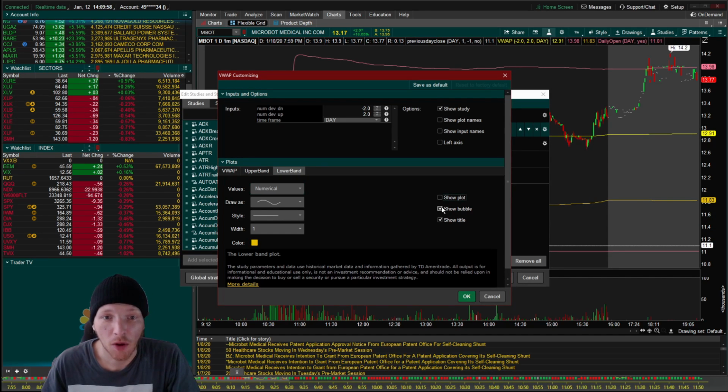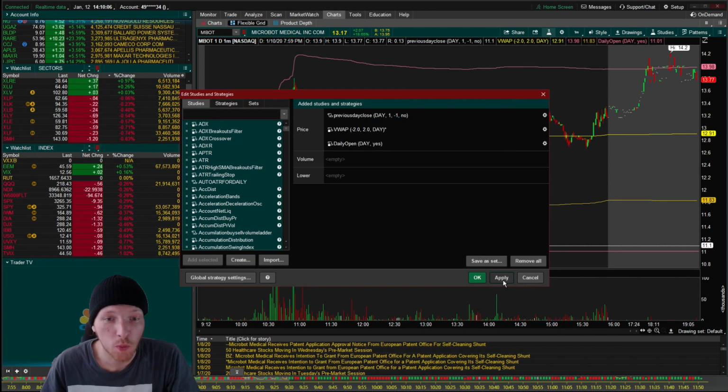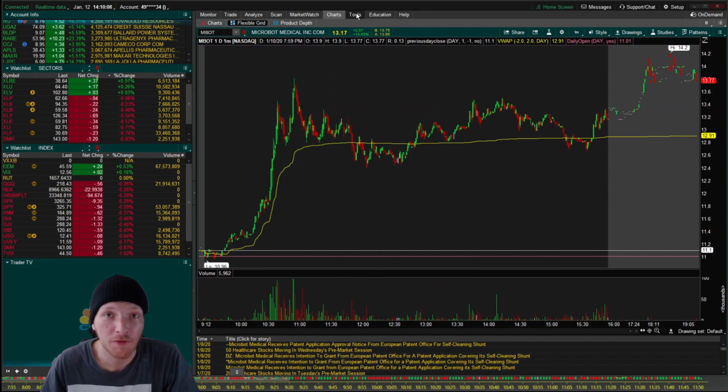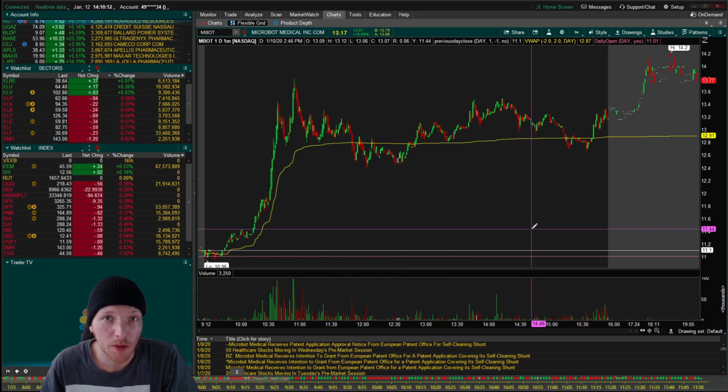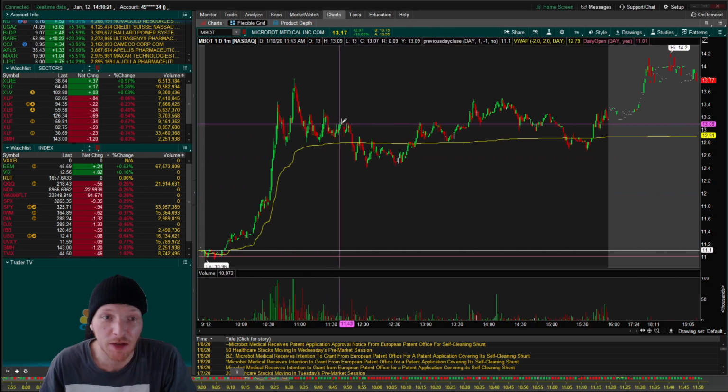Like I said, the only band that you need to focus on is the middle band, and that is the VWAP itself. So that's why I personally get rid of the upper band and the lower band. Some trading platforms have the option to have the upper and lower bands. Some trading platforms just stick with the single line VWAP.